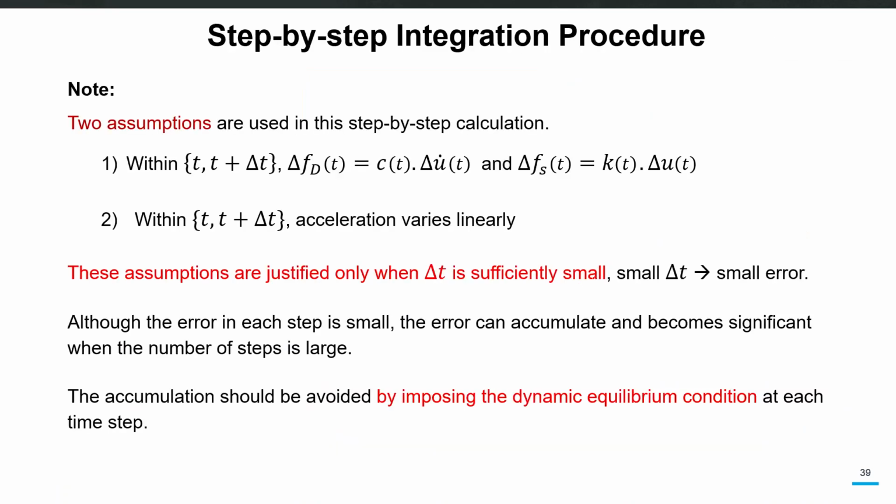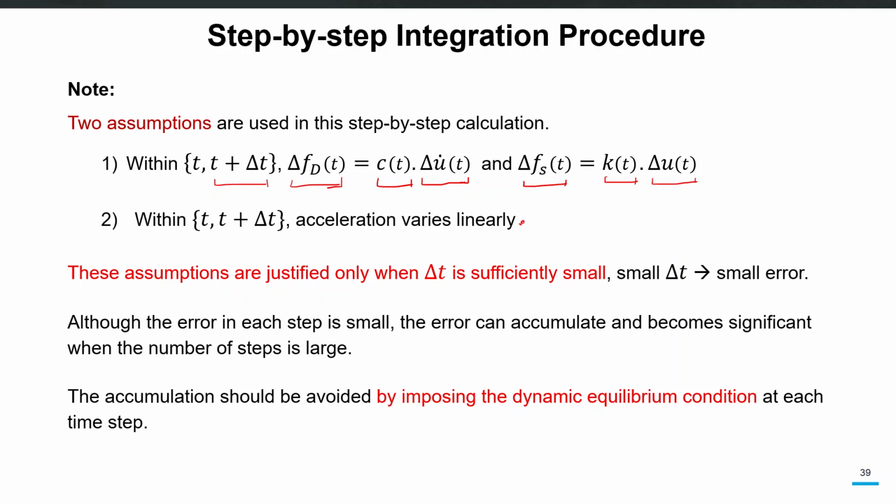So in this formulation we have used two assumptions. One is the piecewise linear assumption that within t and t plus delta t, delta fd is equal to the instantaneous slope multiplied by the change in velocity, and delta fs is equal to the instantaneous slope of the fs and u relationship multiplied by delta u. The second assumption is that within t and t plus delta t, the acceleration varies linearly.